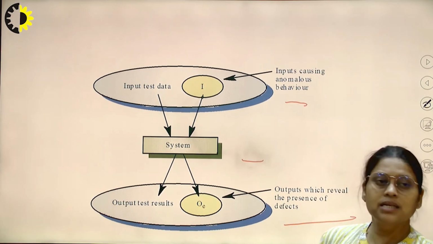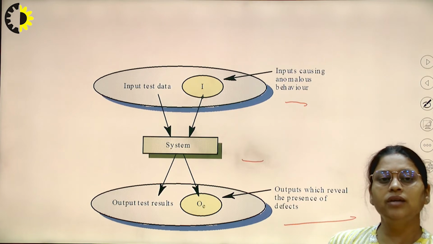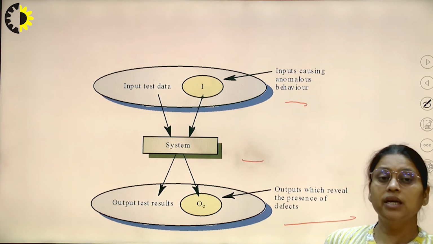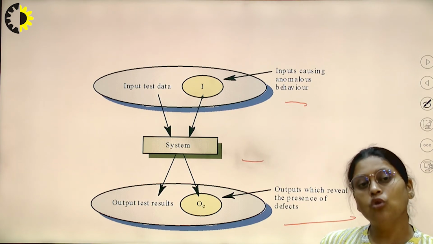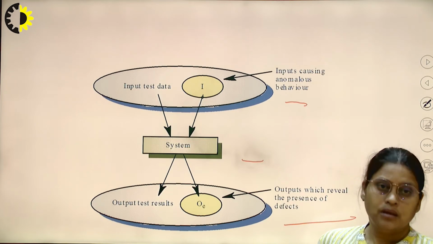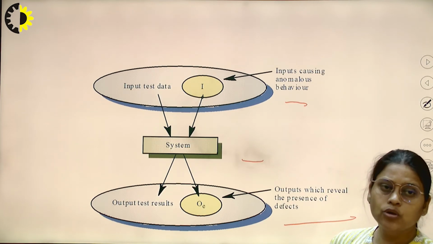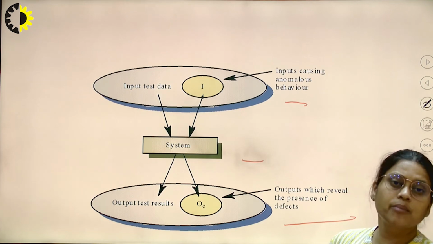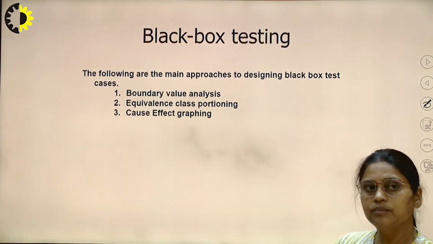If the expected output is not the same as the actual output, we can say that there is some error in the program or project.